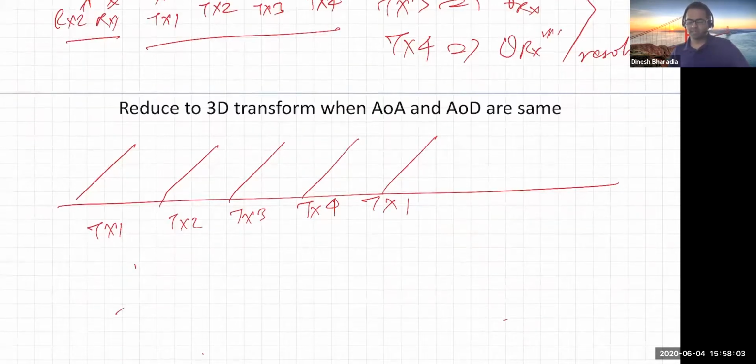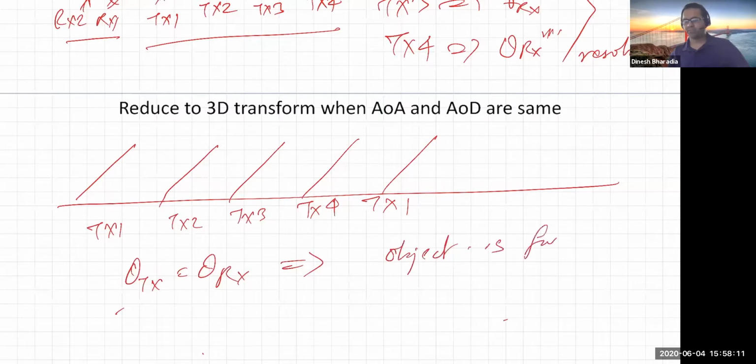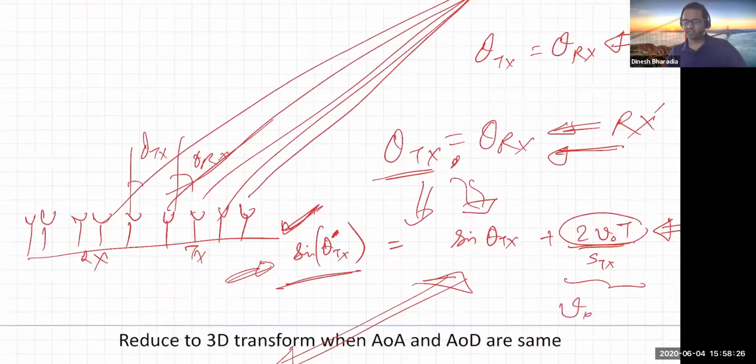So what is the assumption? Theta tx equals theta rx, or the object is far away from the radar. And so we know that 2 nu naught T over S_tx, what is that factor?